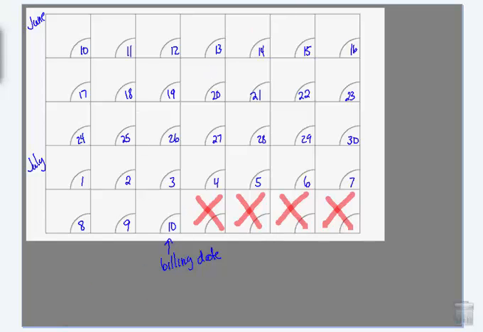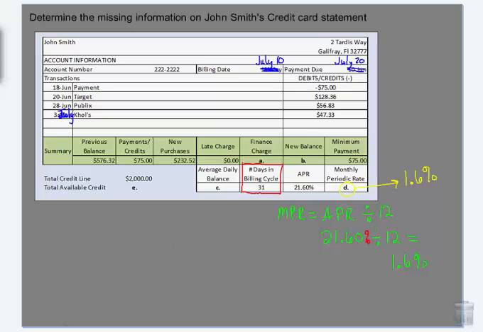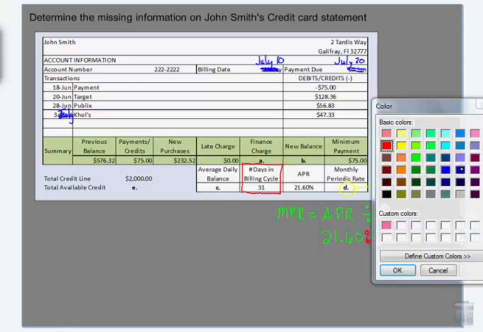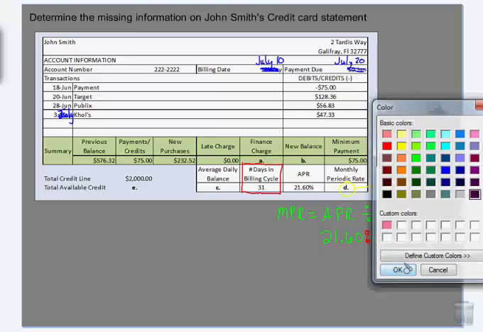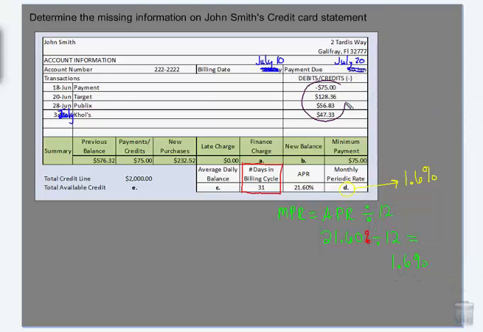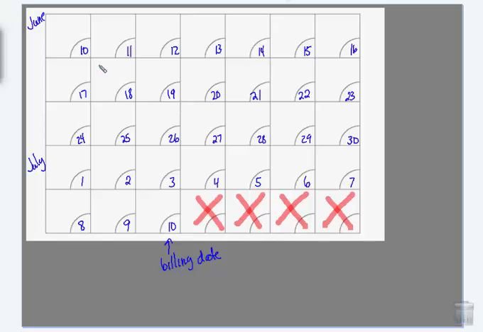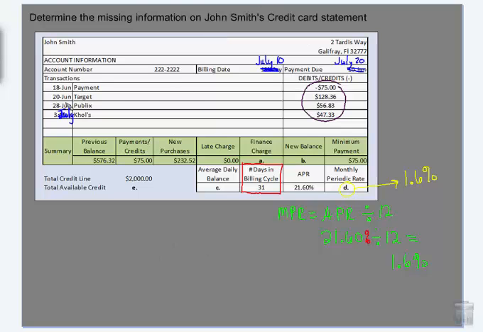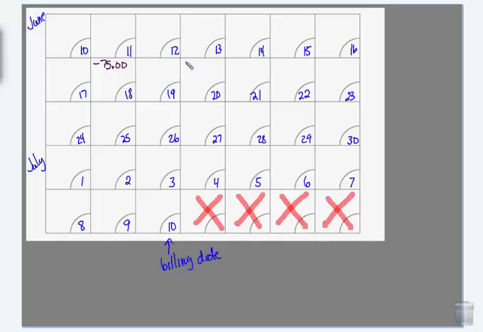Okay. The next thing I do is I go back and I look at the transactions, and I'm going to do those in this dark purpley color. On June 18th, a payment of $75. So I write minus 75 here. On June 20th, 128.36 to Target.